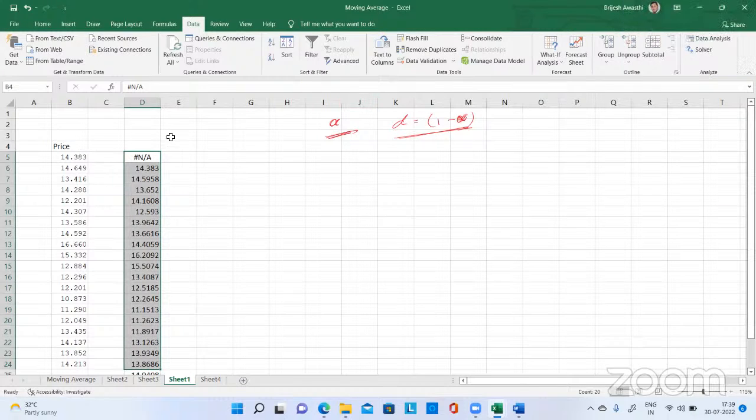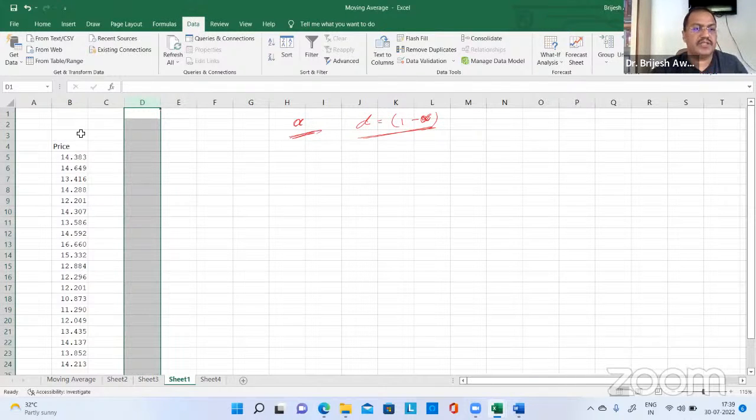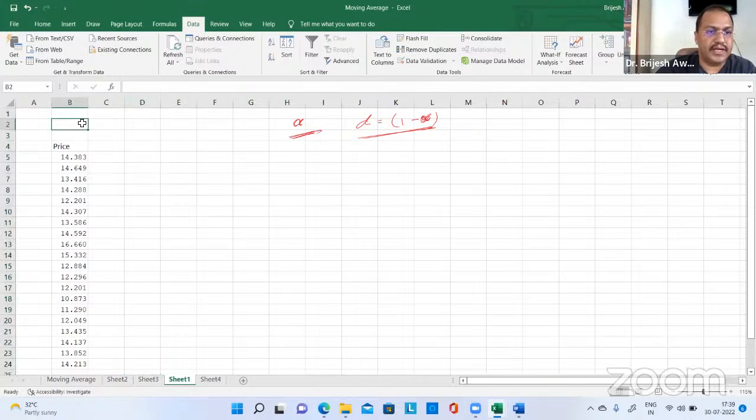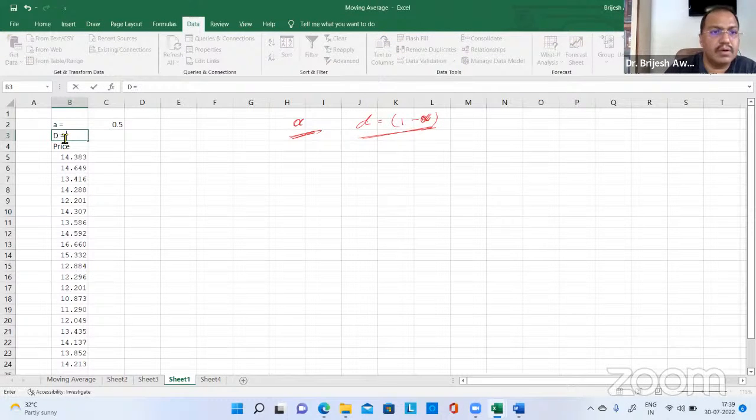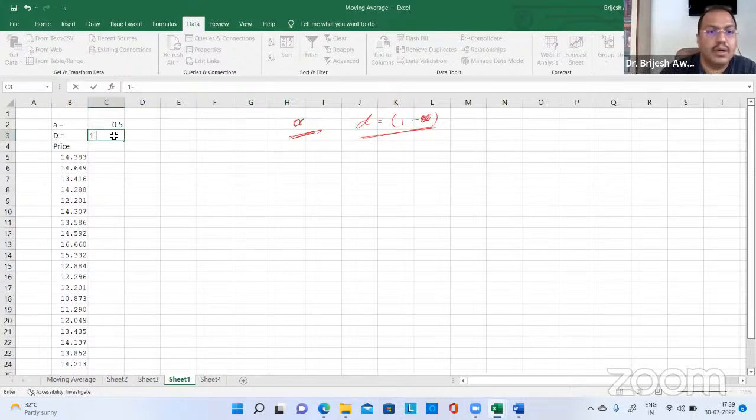And what exactly is happening over here? I'm just going to show you. Suppose alpha is equal to 0.5. Then what is D? 1 minus 0.5. Yes, sir.